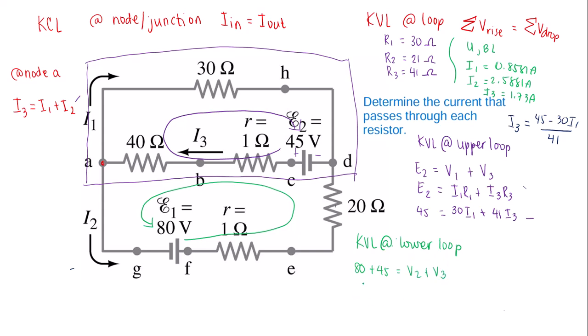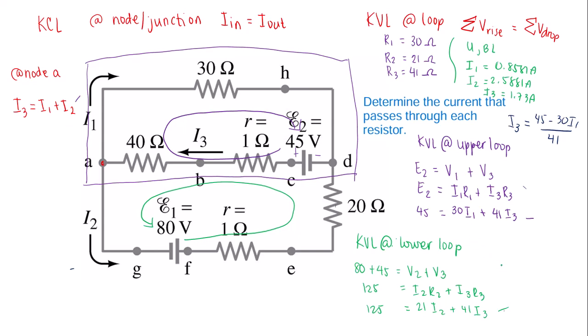And then this is 125, I2R2, I3R3. So this will be 125. We have resistor 2 is 21 I2. We have 41 I3. Now what's common between the three equations would be I3.